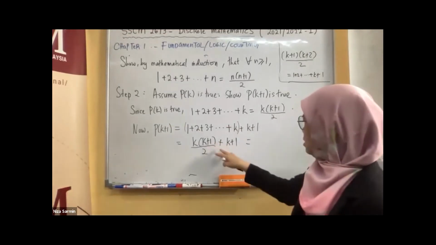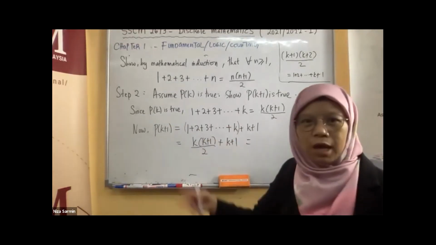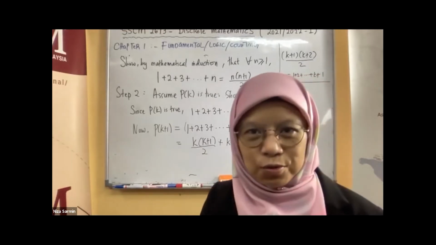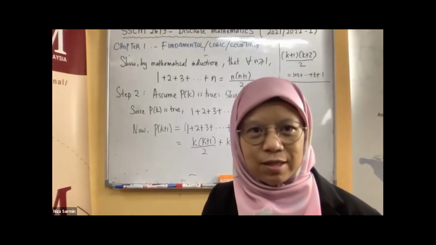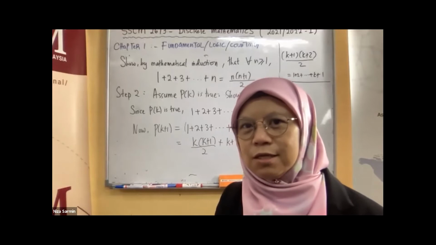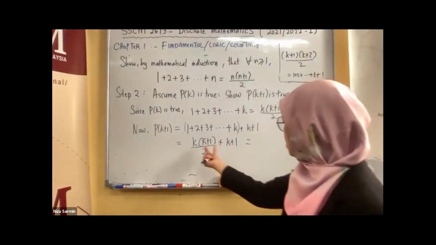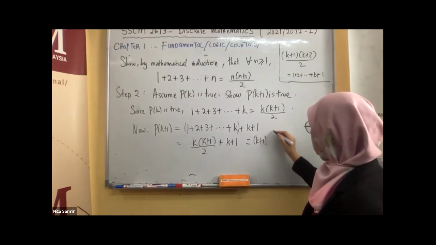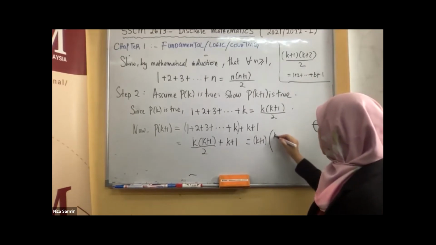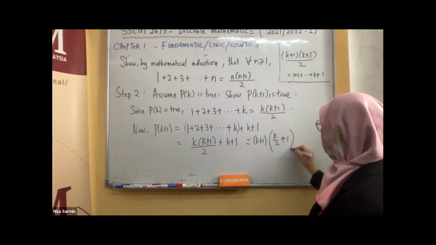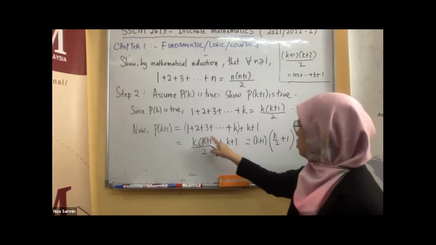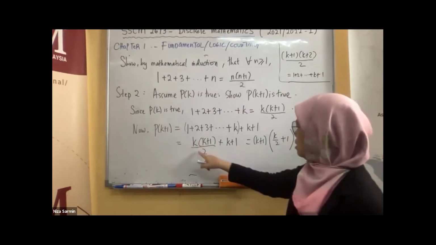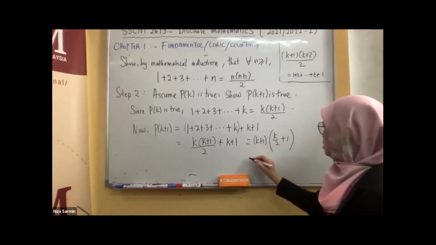But this one, you can see, don't multiply out, because then you would have to factor. You see there is a common factor: k plus 1 here, k plus 1 here. Take out k plus 1. Then what's the rest? k over 2 plus 1. k plus 1 factored out, k over 2 plus 1.